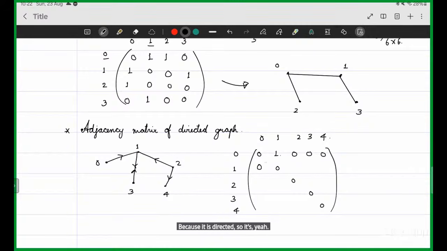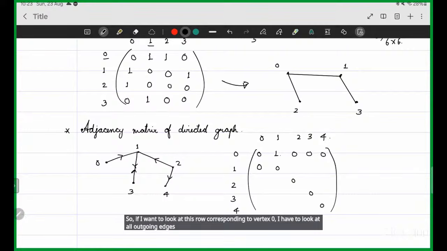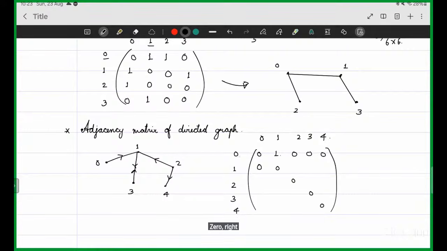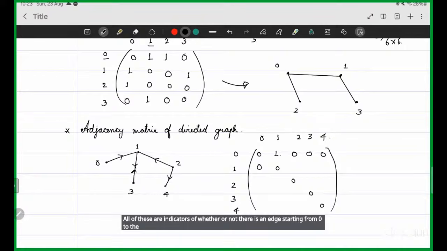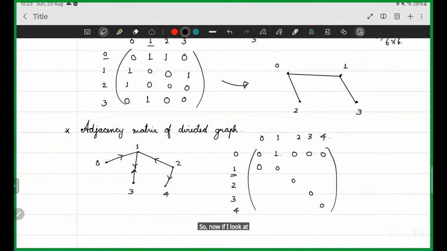If I want to look at the row corresponding to vertex 0, I have to look at all outgoing edges from 0. These are indicators of whether or not there is an edge starting from 0 to the corresponding vertex. Now if I look at vertex 1, how many outgoing edges are there? There are 3. From 3, how many outgoing edges are there?